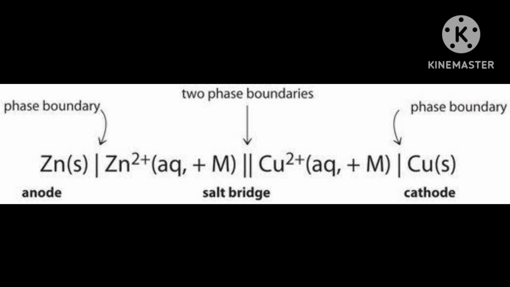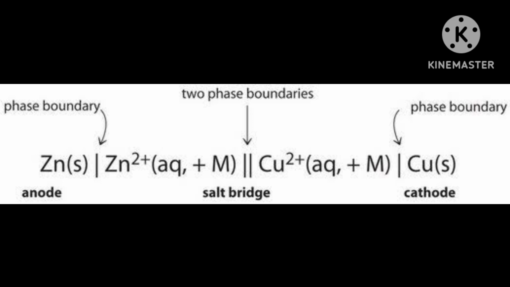Hydrogen was the primary; this is a secondary reference electrode. Silver is also considered a secondary reference electrode. Both are secondary.